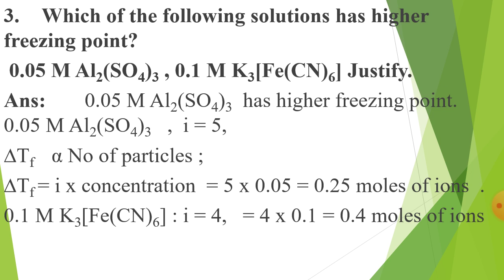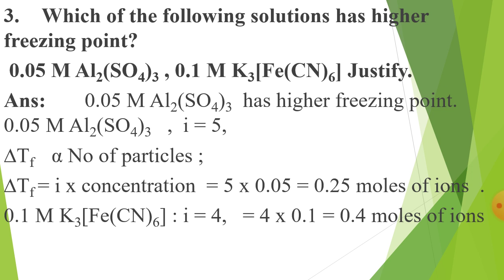Here given are 0.05 M Al2(SO4)3 and 0.1 M K4[Fe(CN)6]. The first gives 5 ions and the second gives 4 ions. So now calculate the van 't Hoff factor. For 0.05 M Al2(SO4)3, i equals 5.